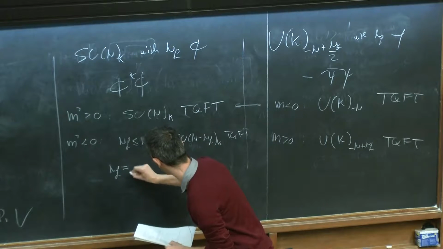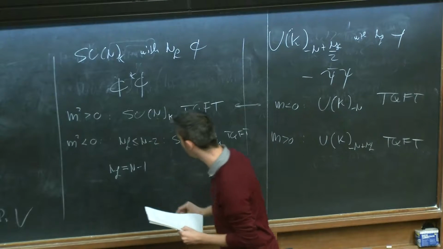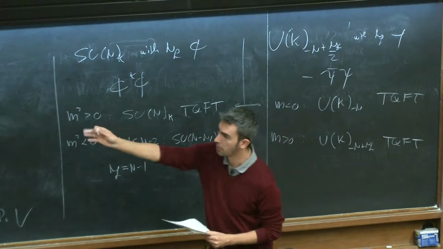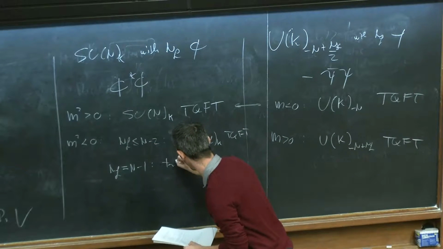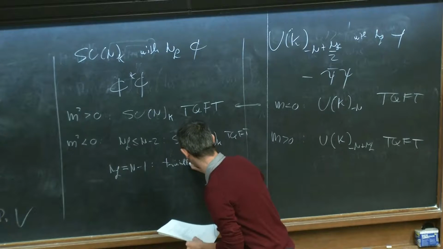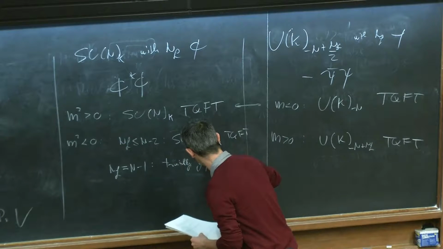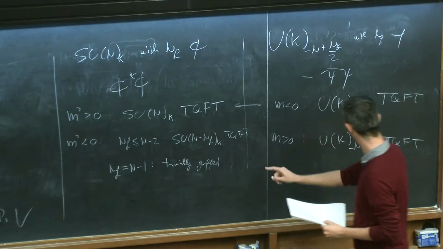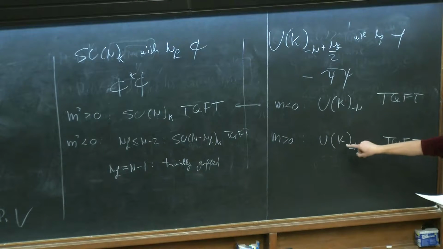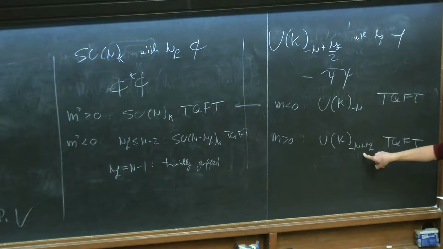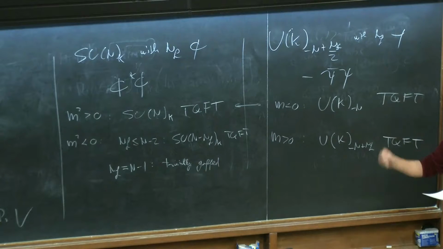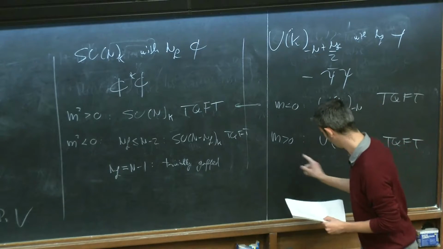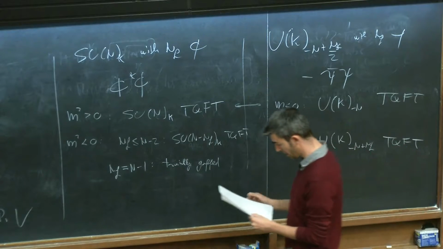If N_F is equal to N minus 1, in this case the gauge group is completely broken, and so we get a trivially gapped state. In fact, what we get on this side is U(K) level 1, which you remember is this trivial topological field theory which has just a trivial gapped vacuum. So also in this case, it nicely matches.